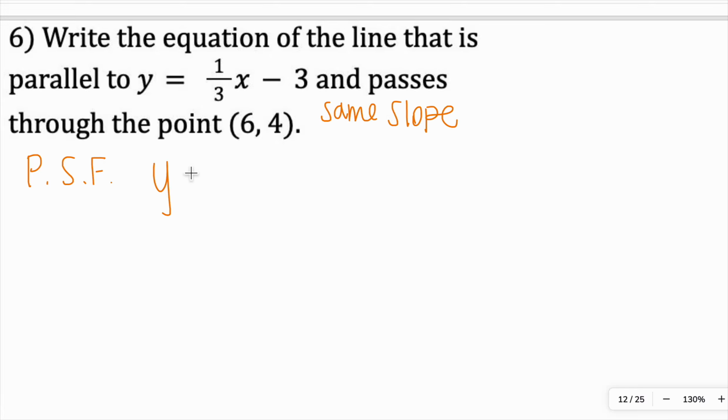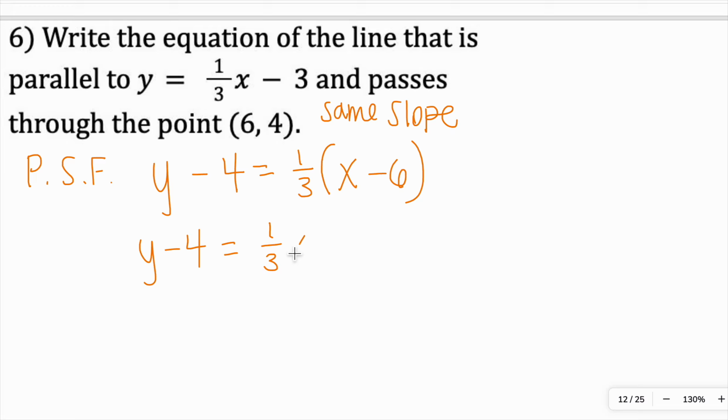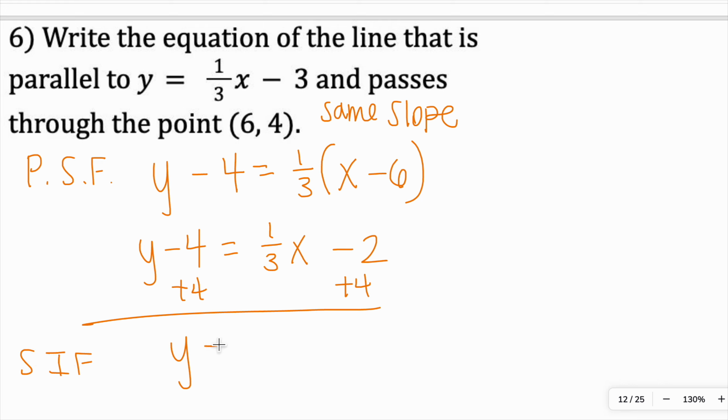So y minus 4 is equal to 1/3 parentheses x minus 6. So that's one option, but if you simplify it into slope-intercept form, we would distribute that 1/3 x, and then we would add 4 to both sides. So slope-intercept form would be y is equal to 1/3 x plus 2.